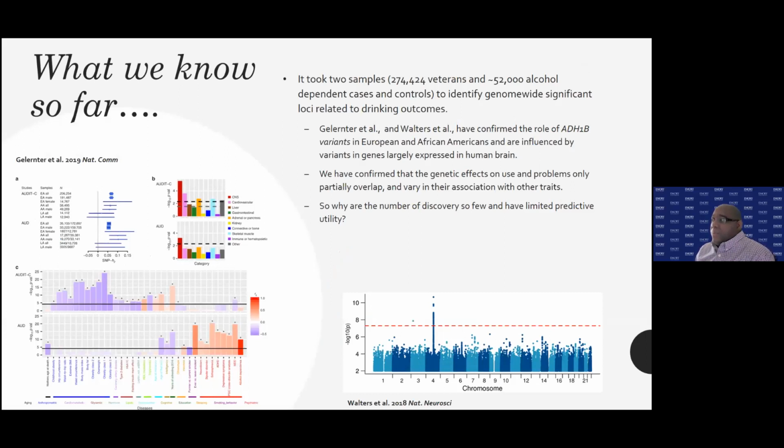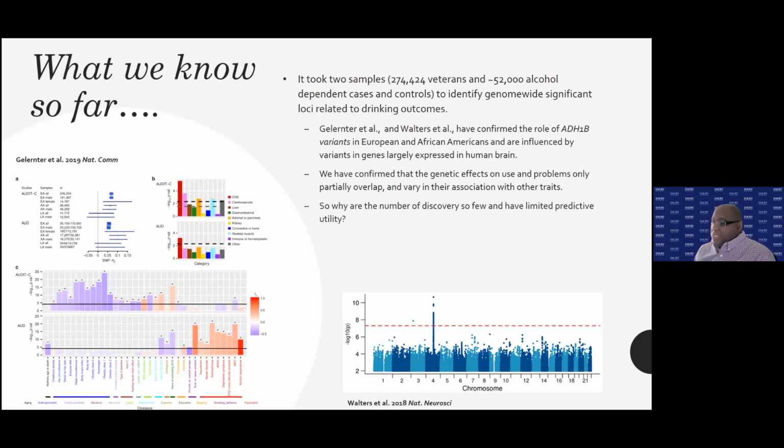Getting to where we are today in human GWAS has been the result of an enormous effort on the part of major consortia and organizations. But one of the things I recognize is that it took two very large samples: over 200,000 veterans and more than 50,000 alcohol-dependent cases to identify genome-wide significant loci for alcohol.